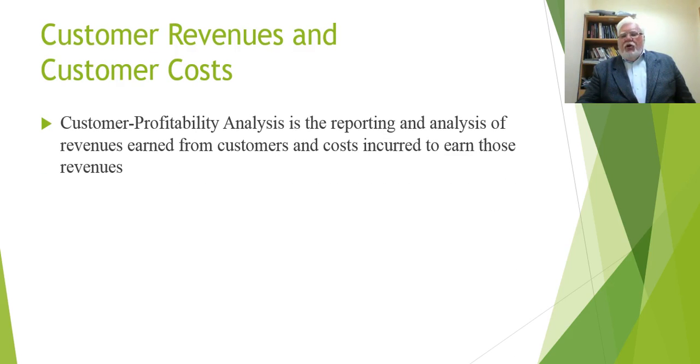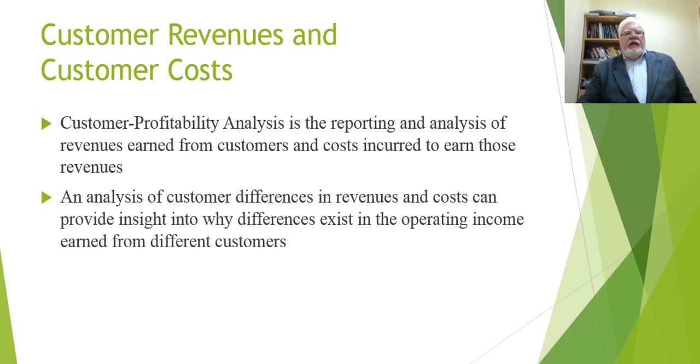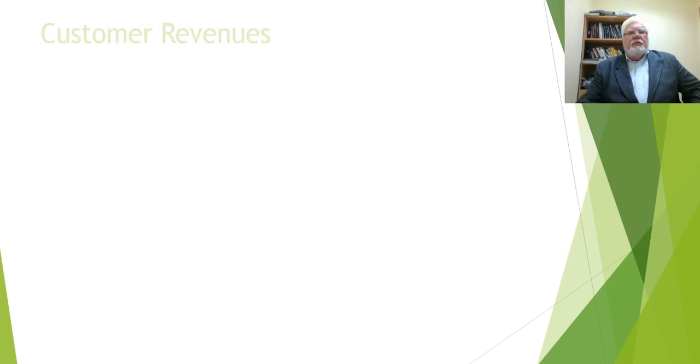So customer profitability analysis is the reporting and analysis of revenue earned from customers and cost incurred to earn those revenues. An analysis of customer differences in revenue and cost can provide insight into why differences exist in the operating income earned from different customers.